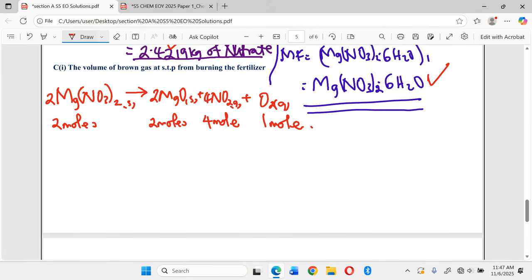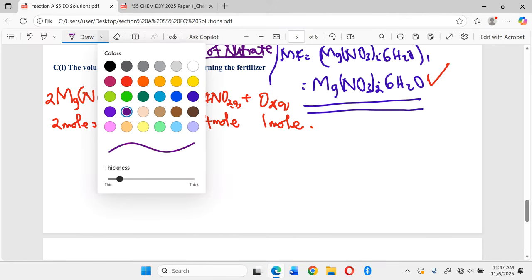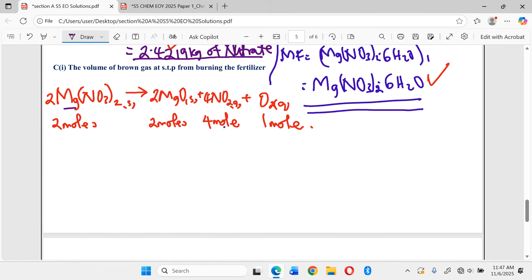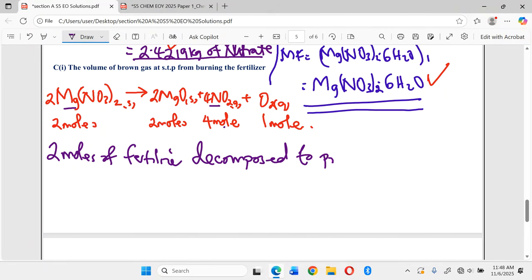But what is our point of emphasis? Our point of emphasis is on the fertilizer and the gas which is being produced at STP. So we can say that 2 moles of fertilizer decomposed to produce 4 moles of brown gas.